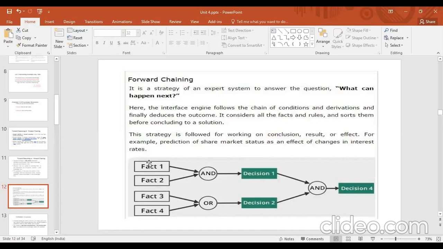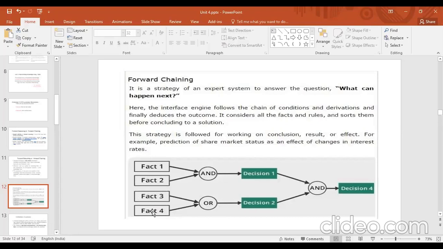One by one you have to collect your data, such as past year data, some calculations required for share market prediction, and some expert advice. You collect it in this layer: fact 1, fact 2, fact 3, fact 4. Why do we give facts to our system? Because humans take decisions based on our knowledge, but a computer has no knowledge or thinking of its own, so we have to give it the facts or knowledge.